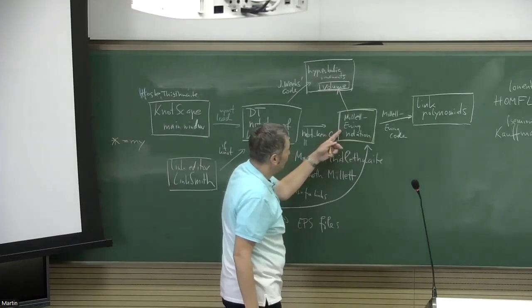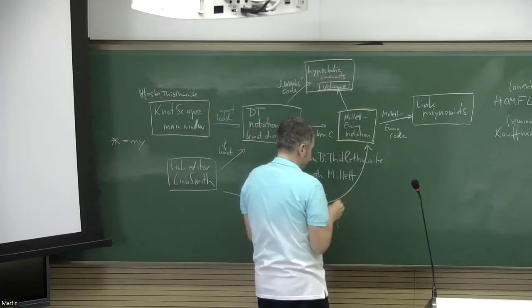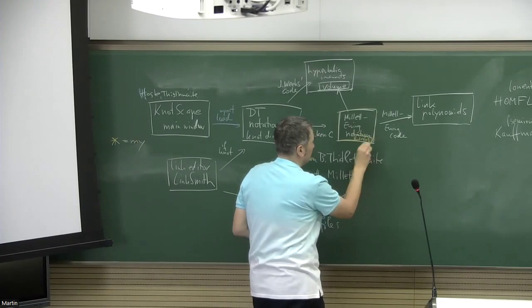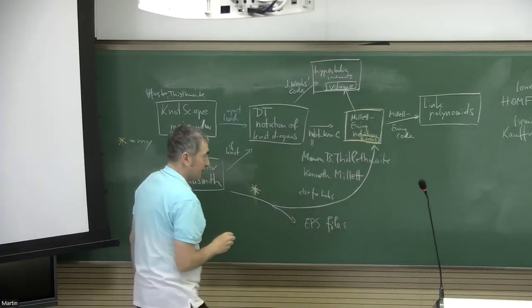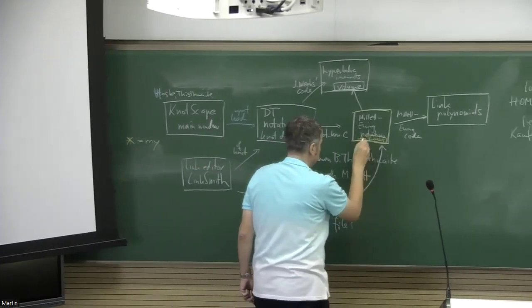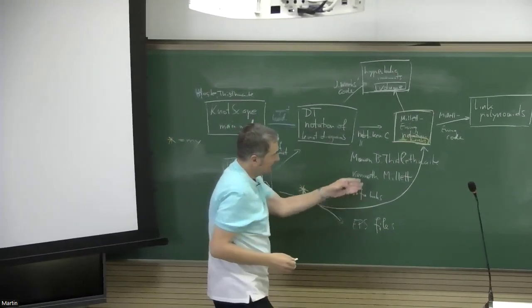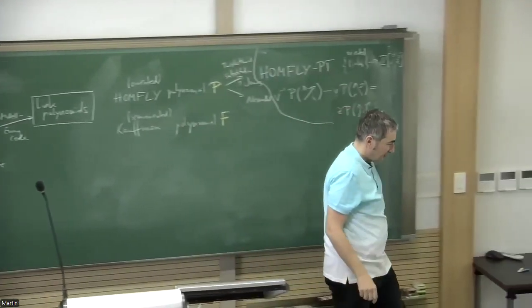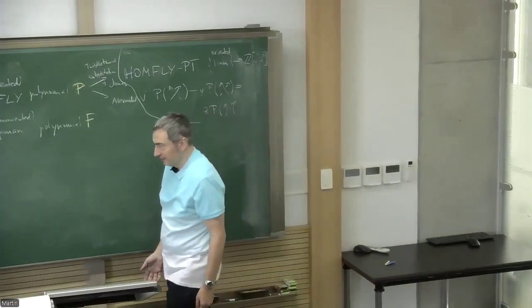because, I should emphasize, this is a notation for links. I said it here below, but this notation works for links as well. You don't need to restrict to knots.